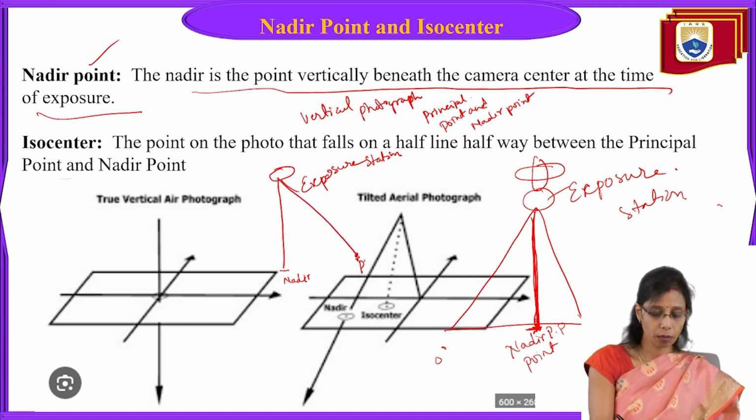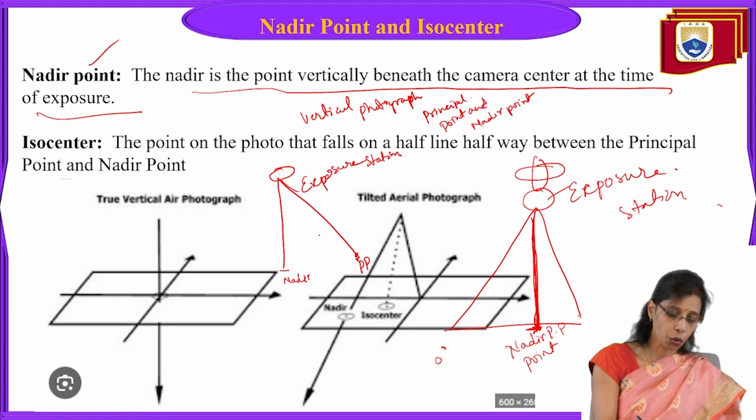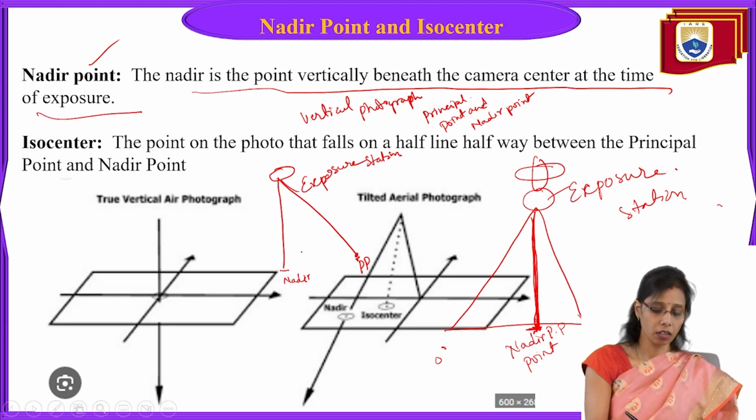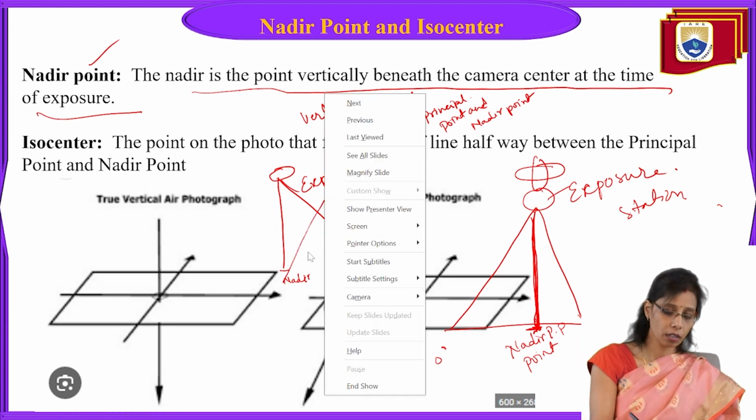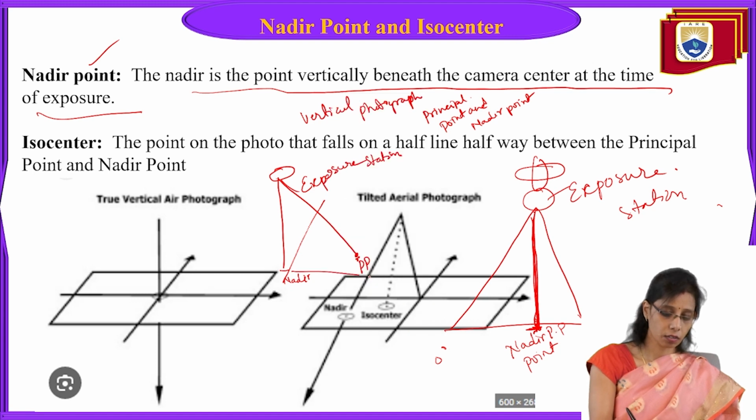Okay, this will be your PP. Like in this, you can see nadir is here, principal point is here. Because the photo you are taking is not vertical, your photo will be somewhat like this.